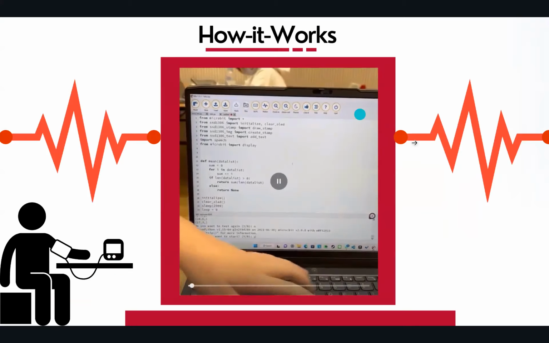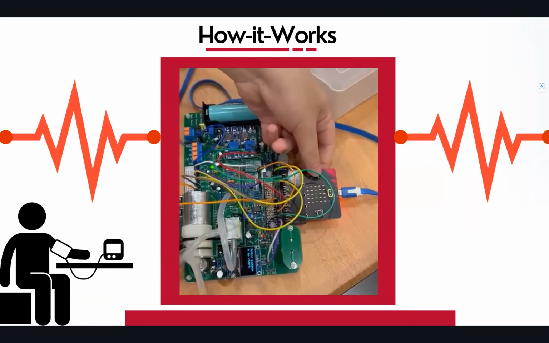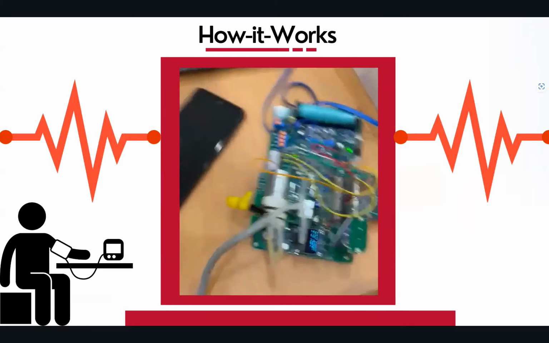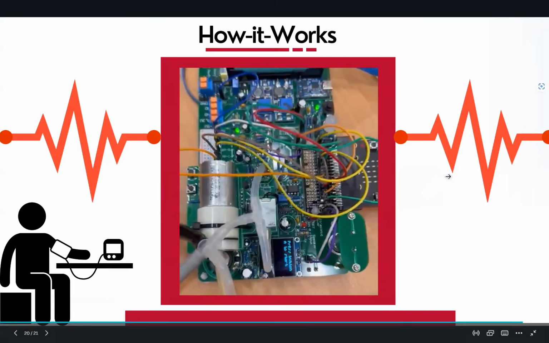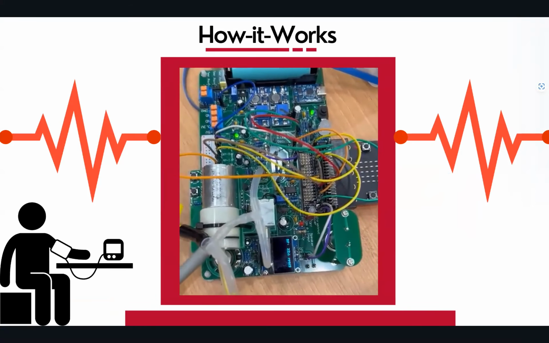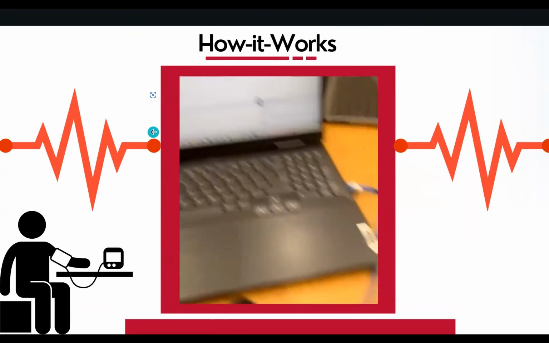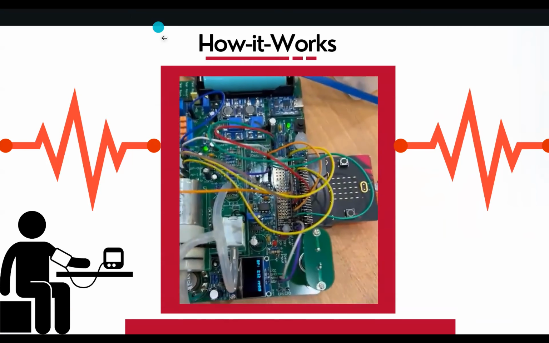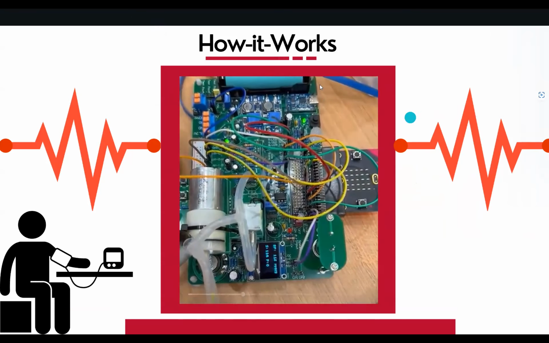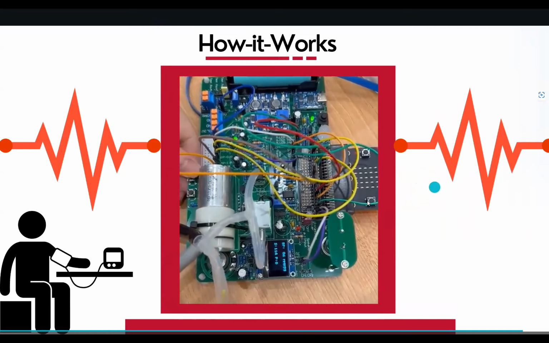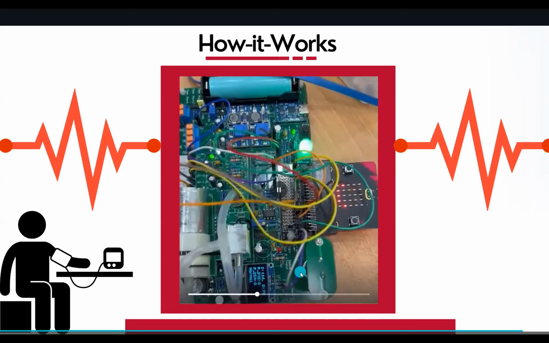So here's the working principle behind our system. When button A is pressed, it will automatically pump the sphygmomanometer. Here we record it manually, and in the OLED we can see the systole value and diastole value.